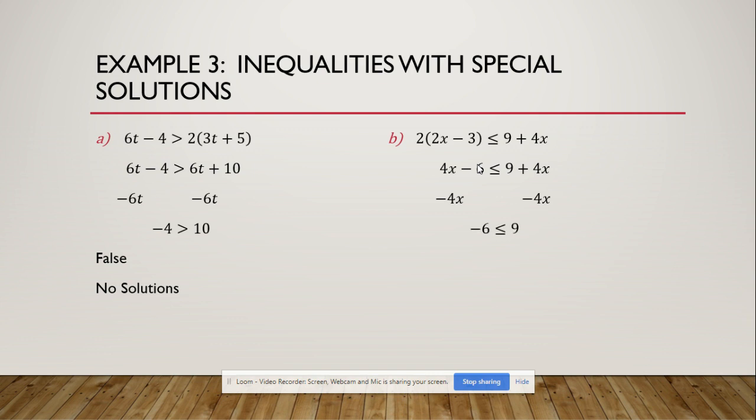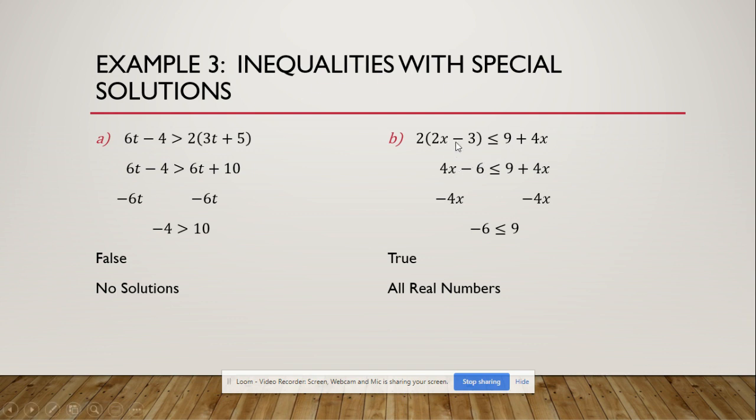This time, however, we got a statement that was true. Negative 6 is less than or equal to a 9. This is true. Now, as far as our solutions go, what that means is that all real numbers are solutions. All the numbers you can pick are going to work here.